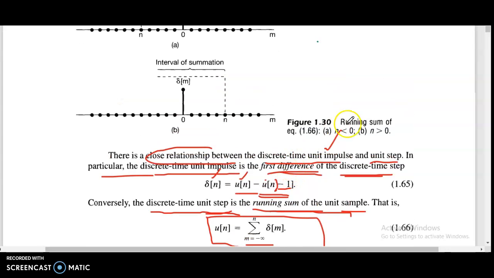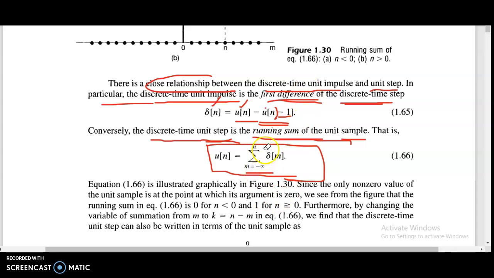This is the running sum of the unit sample. In the summation from minus infinity to n, we have to add up del of m.